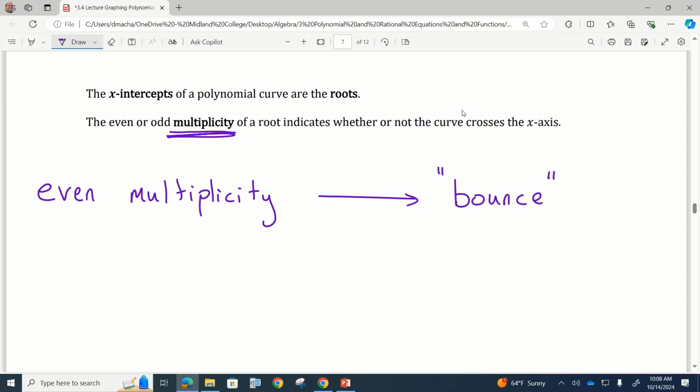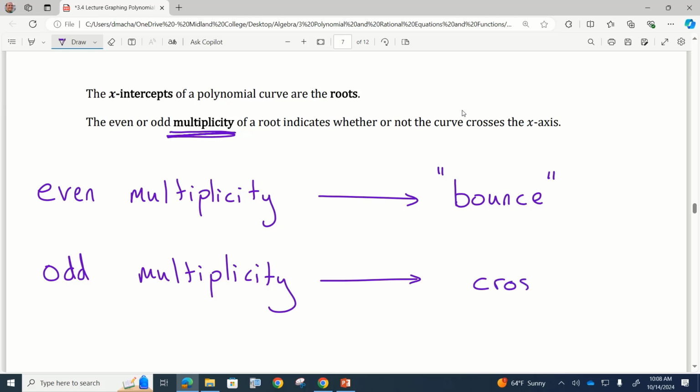Maybe that doesn't mean anything right now, but I'll tell you what that means here in a moment. If the root has odd multiplicity, that means your curve is going to cross.